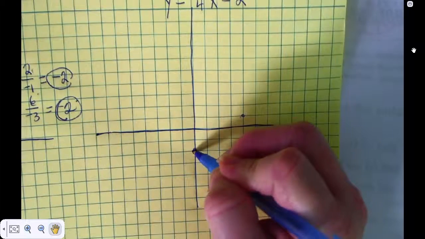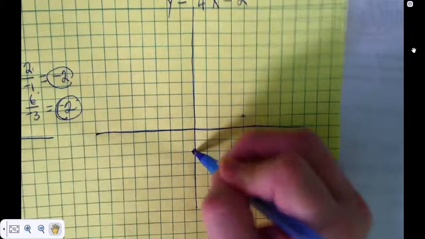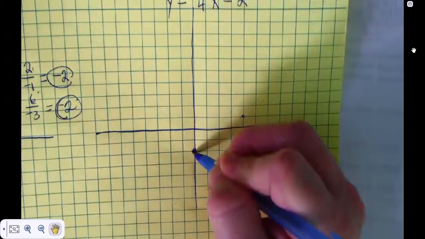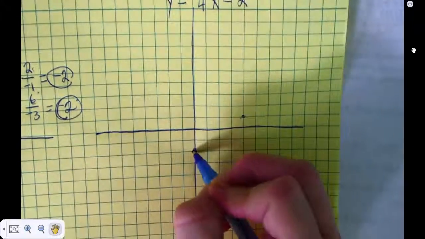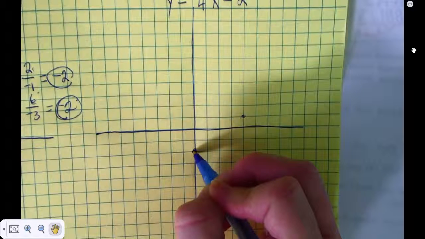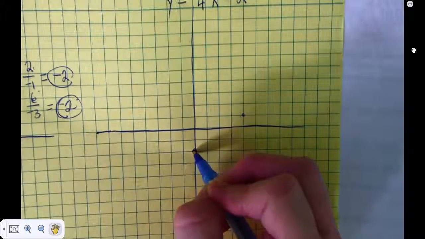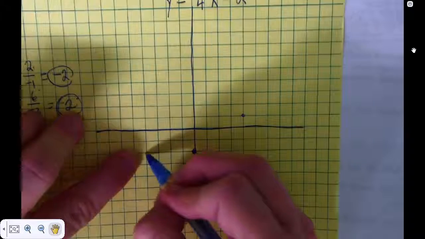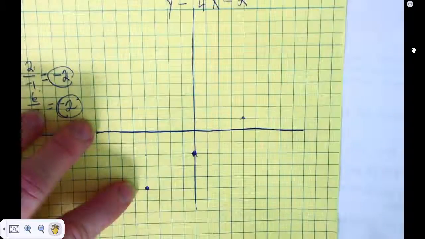What could I do if I'm out of room up here? I want to come back here and do another point. Run how many? Okay, but let's run first. So we're going to run -4 and then down 3.